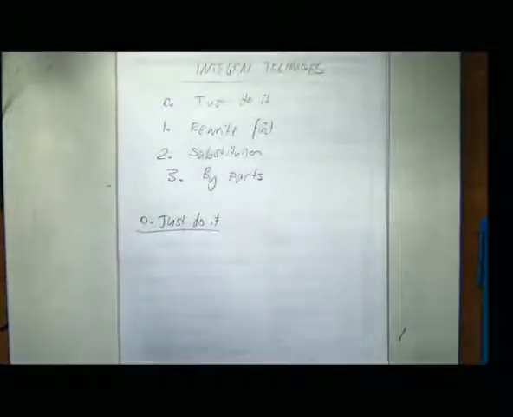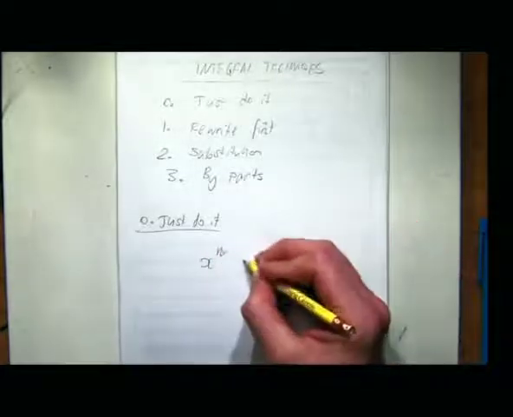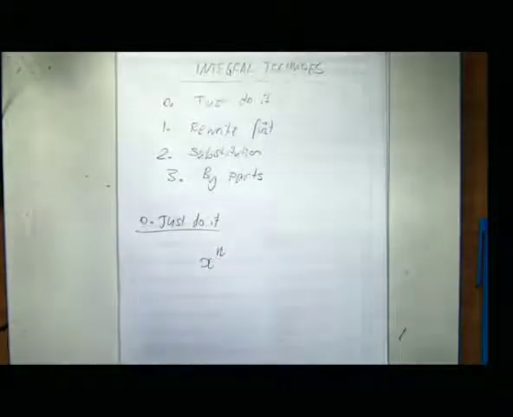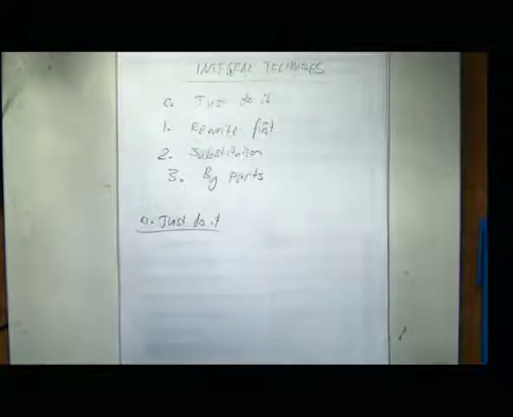So there are some you're just supposed to know. So one is that if you have x to a power, then when you integrate it, actually I'm just going to change the way I draw this. In my head, integration is up and differentiation is down. And so when I remember all of these things, I arrange them with the integral above the thing that I'm integrating. That's just how I think about it.